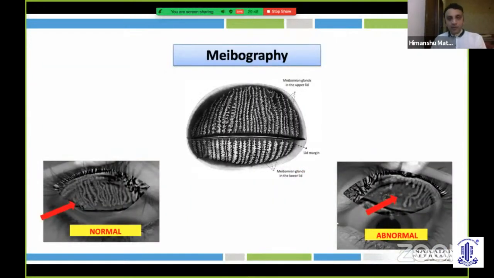But when we come to diagnosis, one important diagnostic test which I would like to mention here is meibography. In meibography, we image the meibomian glands of the upper lid and lower lid. As you can see from the picture here, we can see this vertical comb-shaped distribution of meibomian glands in a normal case, and on the right side you see significant loss of meibomian glands in abnormal cases.